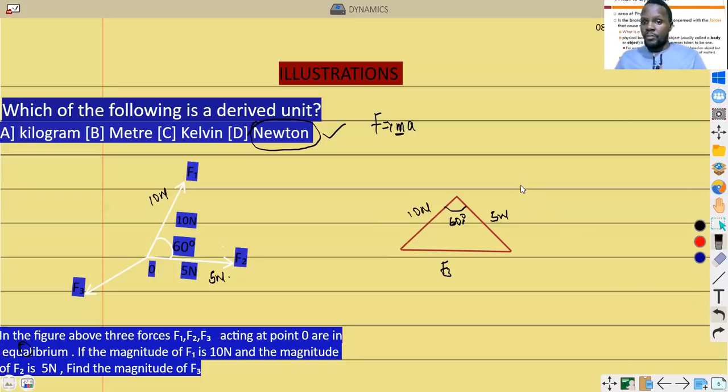So from the parallelogram law of vectors, F3 squared will be 10 squared plus 5 squared plus 2 times 10 times 5 times the cosine of 60.